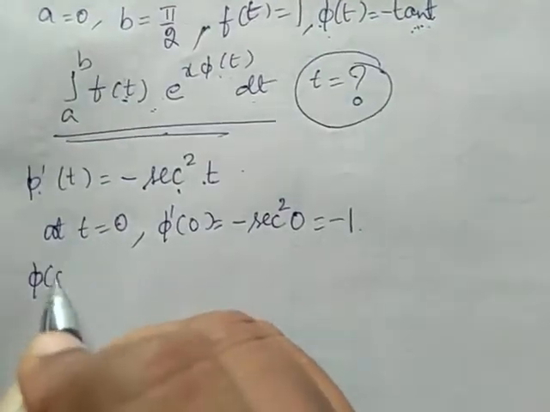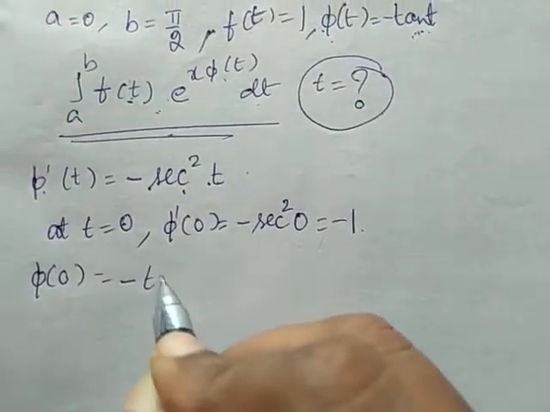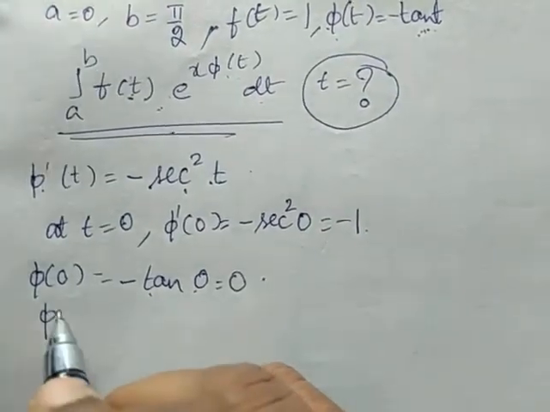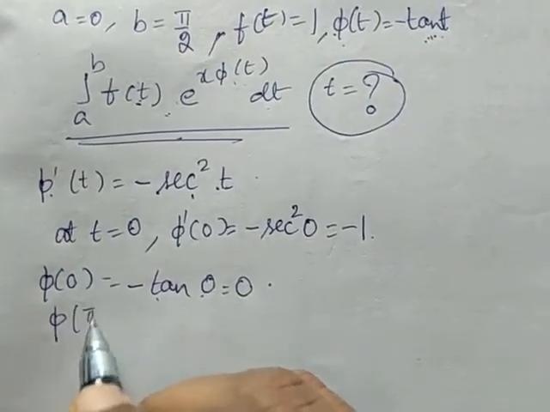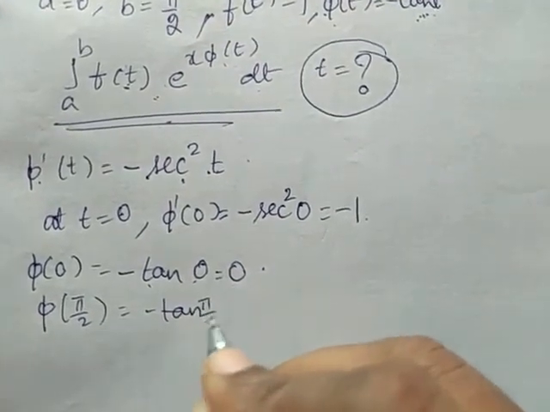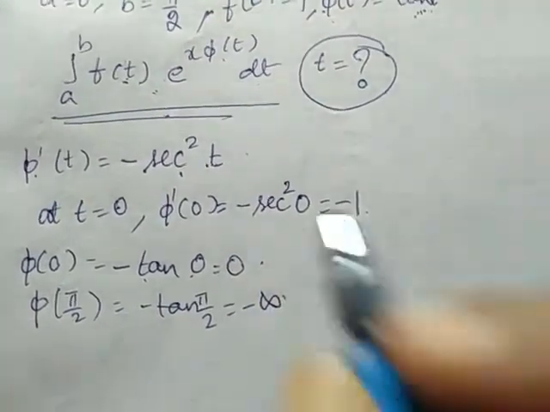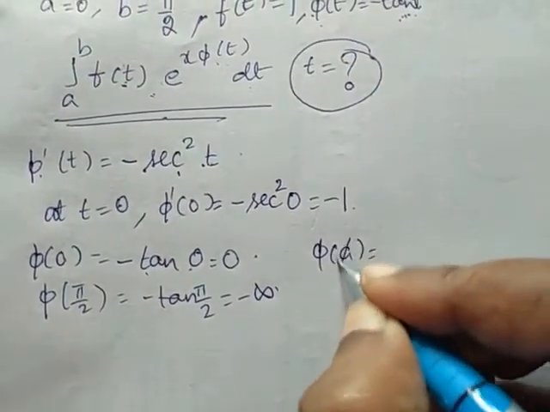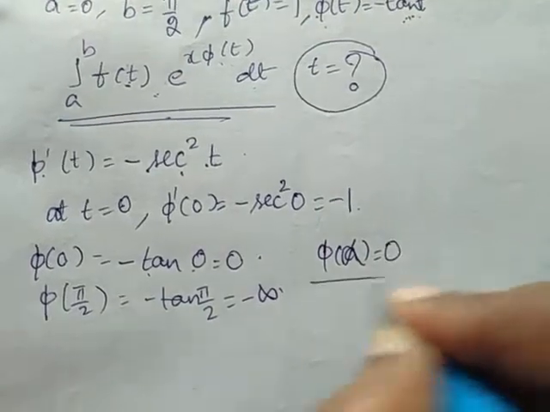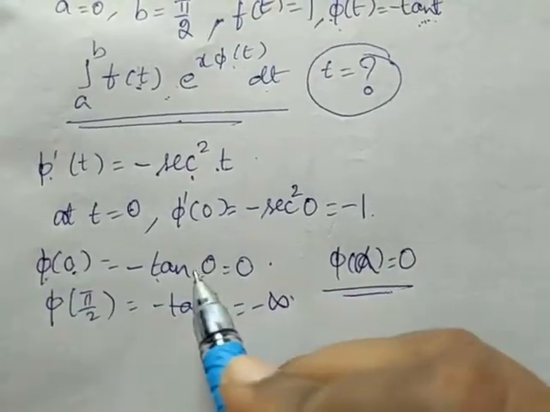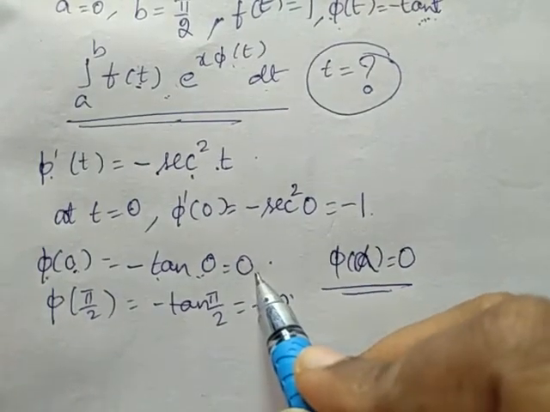So phi of 0 is minus tan 0, and tan 0 is 0. Again phi of pi by 2 is minus tan pi by 2, which is minus infinity. So what is the very first condition? Phi of a should be some value alpha. So when t is 0, phi of 0 is 0.